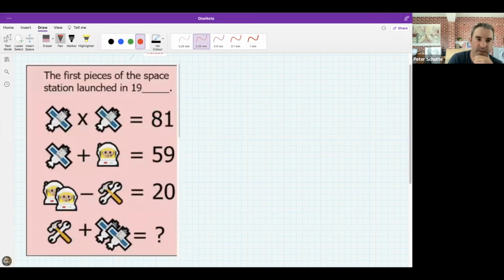So a tip would be that these are definitely going to be 9 each. So that's 9, different color. 9, 9.